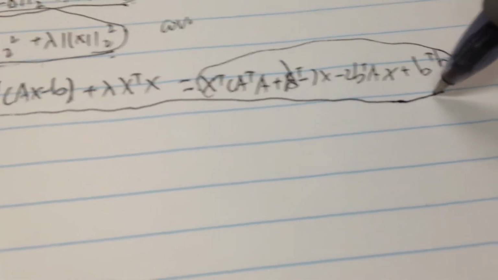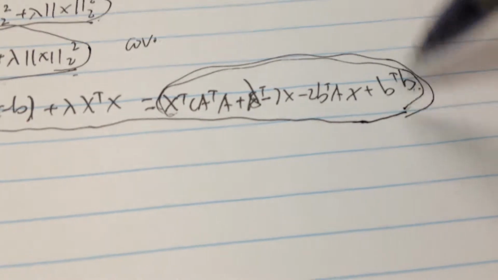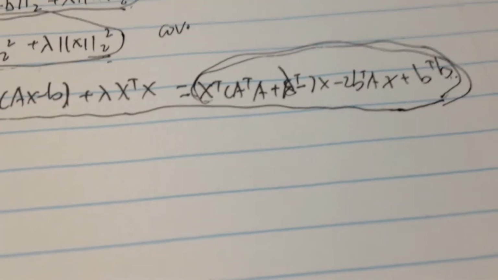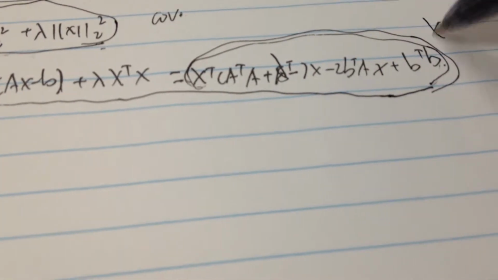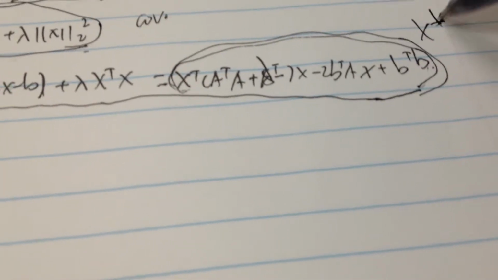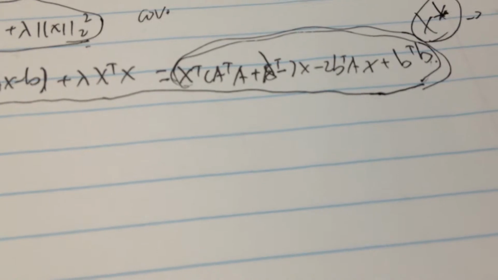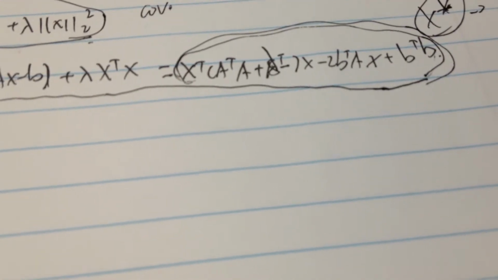make the derivative of this function equal to 0, so we can work out x star, and x star is the optimal point of this function.